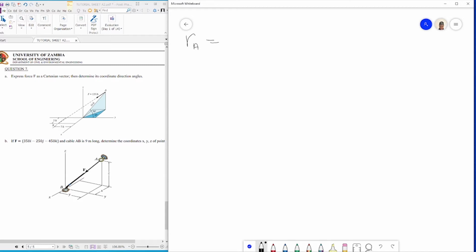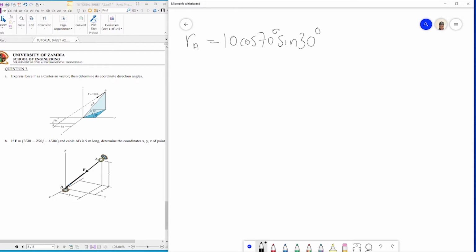So RA is equal to, from what I see here, the x will be 10 cos 70 degrees, and that would make me find that prime. Then after I find the prime, it will be sine 30 degrees.